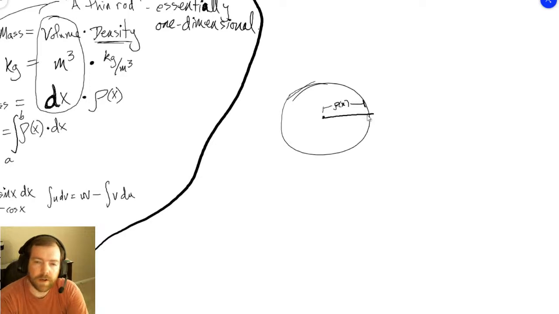Well, at this point, we can kind of do the same thing that we did with the washer method, where you cut a particular location, and then you're going to say, oh, well, this is going to go all the way around the circle, like this.